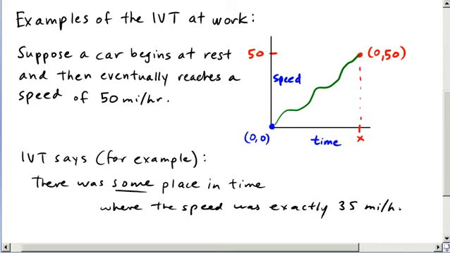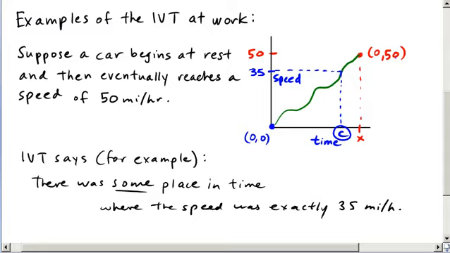So somewhere on here we can find a place in time where that happened. That's the c value that we're speaking of. We're just saying that somewhere between the time we started at rest and the time we ended up at 50 miles per hour, at some point the speed of this car was exactly 35 miles per hour.